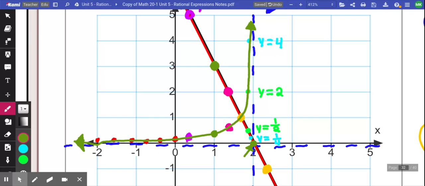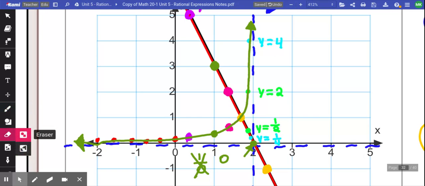That would be x equals 2, and we know that in our function, x wasn't allowed to equal 2. The reason it's not allowed to equal 2 on a graph is because that has a y value of 0, and the reciprocal of 0 would be 1 divided by 0, which is not allowed. That's why you get these things called asymptotes. They're what happens when you divide by 0.